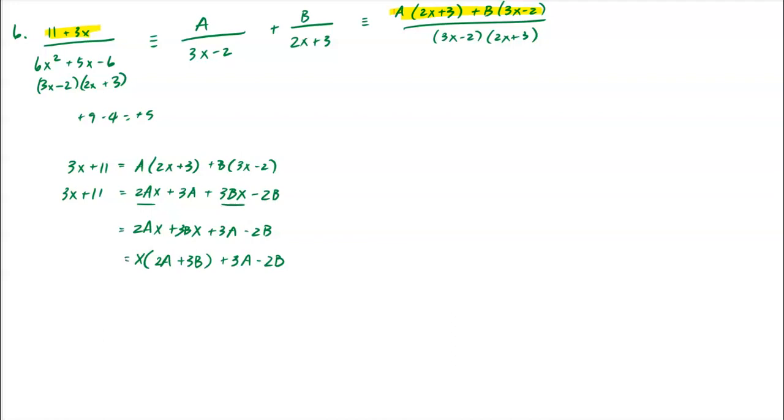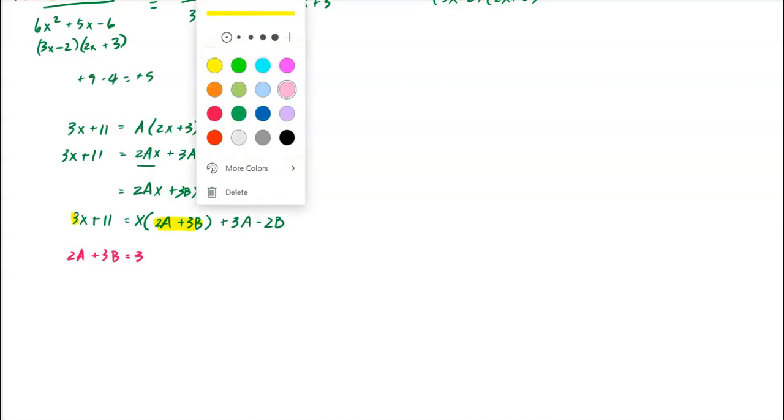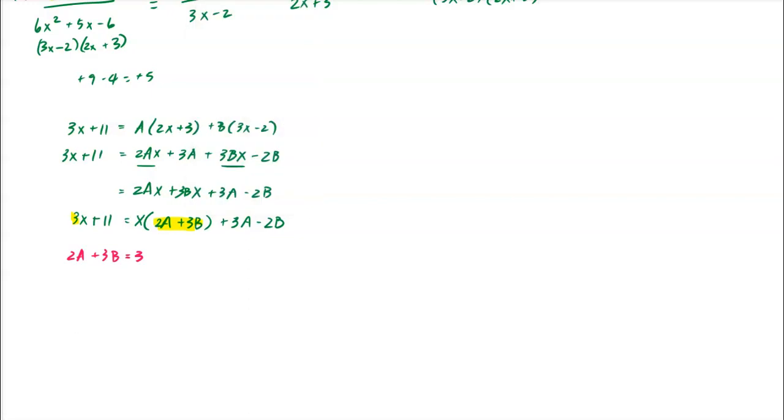That's all going to be 3x plus 11. So we have 2a plus 3b equaling 3, and 3a minus 2b equaling positive 11.